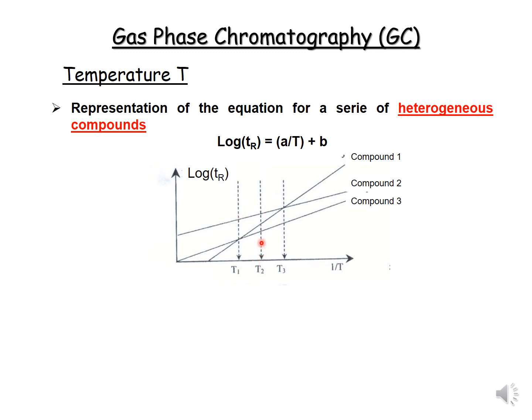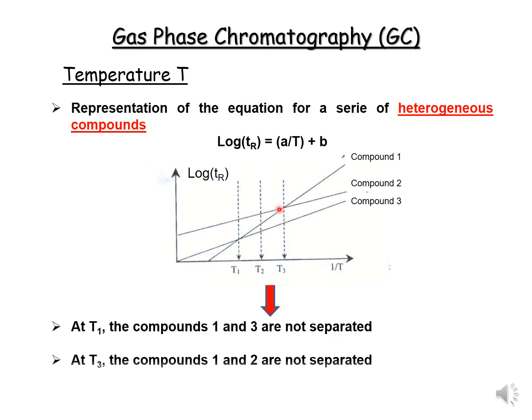For T2, I have the separation of compound 3, compound 2, and compound 1 and compound 2, I'm sorry. And for T3, I have the separation of compound 3 and the co-elution of compound 1 and compound 2. Then at T1, compounds 1 and 3 are not separated. At T3, compounds 1 and 2 are not separated. And at T2, all compounds are separated.